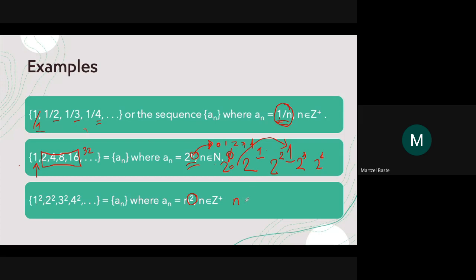So therefore, yung elements natin dito or terms, I mean yung entry natin would be 1. Okay, the next would be 2 raised to the power of 2 is 4, 3 raised to the power of 2 is 9, and 4 raised to the power of 2 is 16, and so on and so forth.